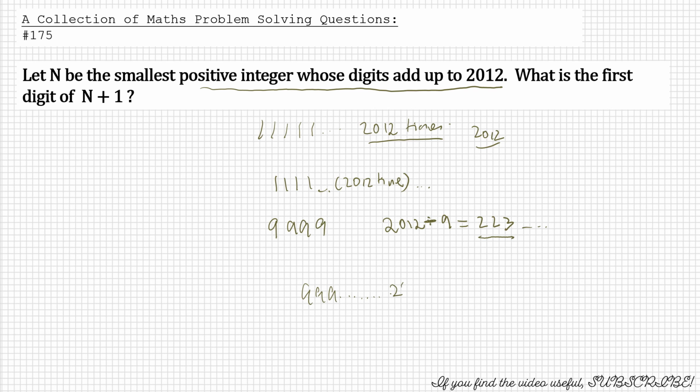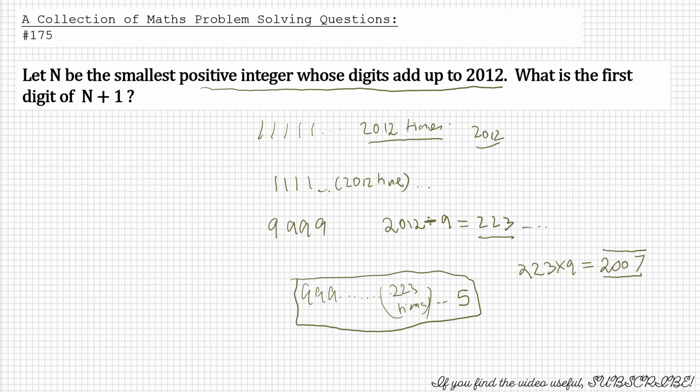When you add the digits, you get 223 multiplied by 9, which gives you 2007. So you're still 5 short of 2012, so then you have to add a 5 at the end.